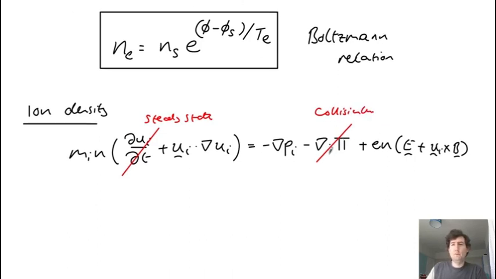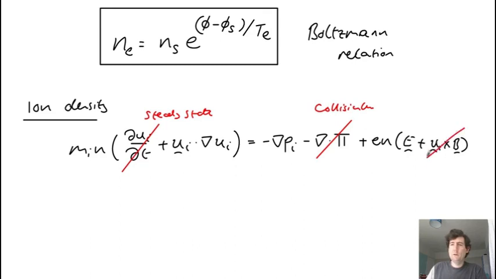It's a bit of an approximation as well, but for now we can remove that. We're also assuming it's unmagnetized, so the magnetic field goes to 0, and so we just end up with these terms involving the advection, the ion pressure, and the electric field.